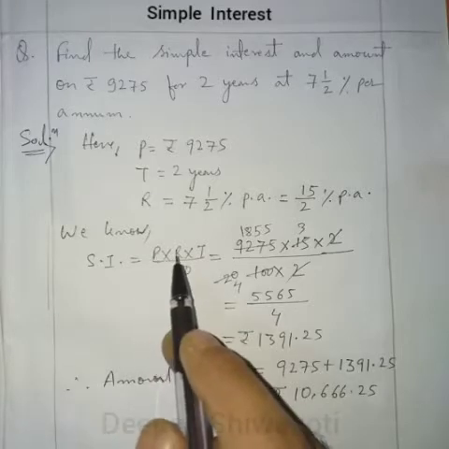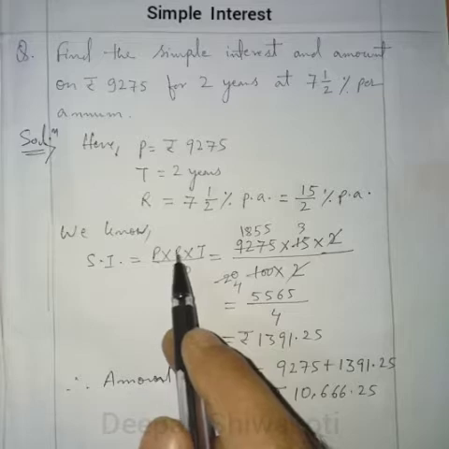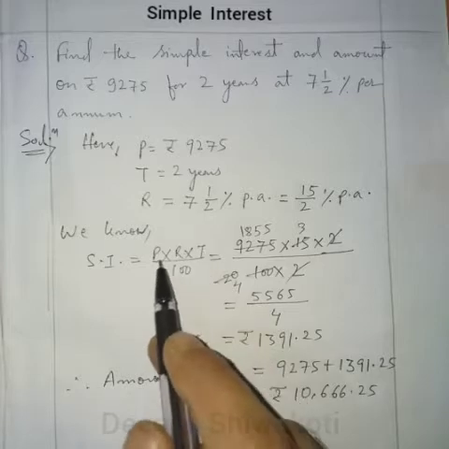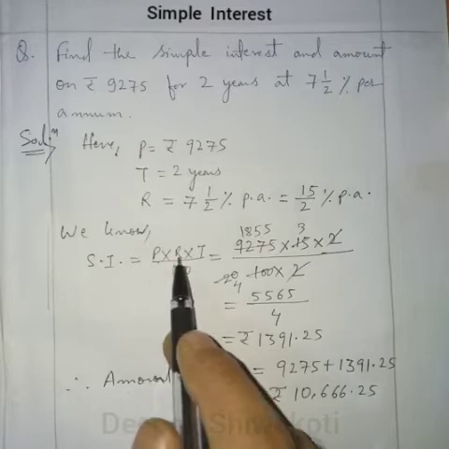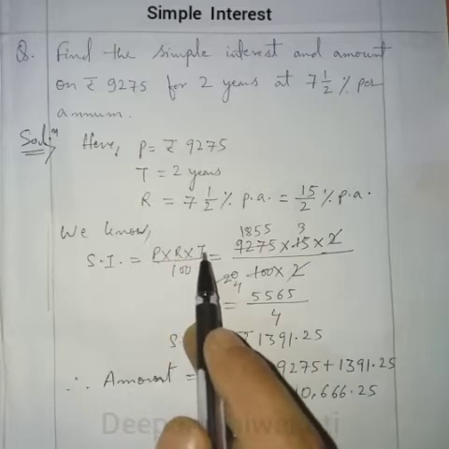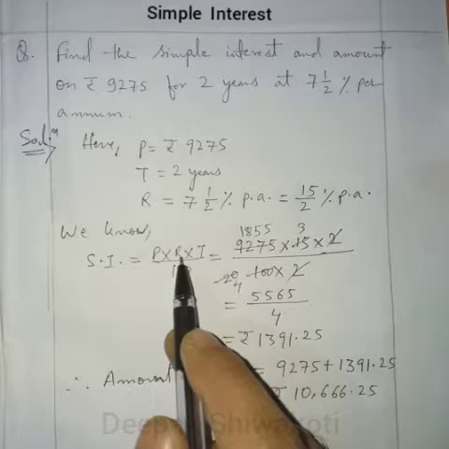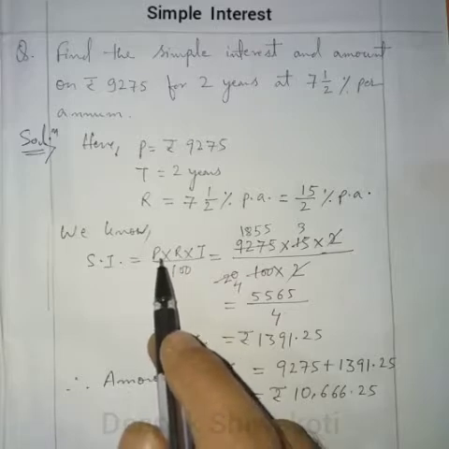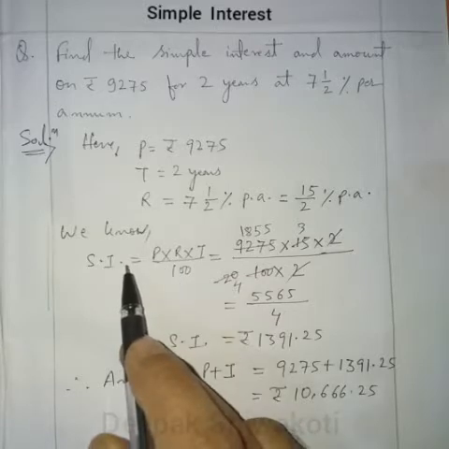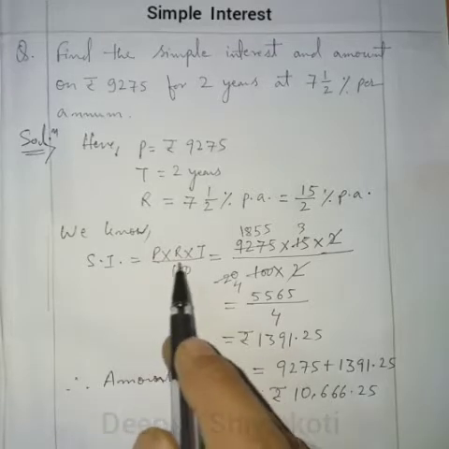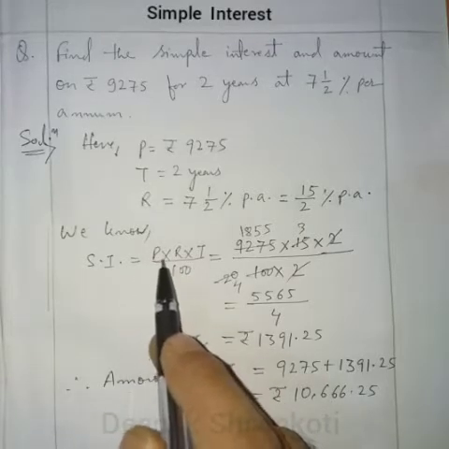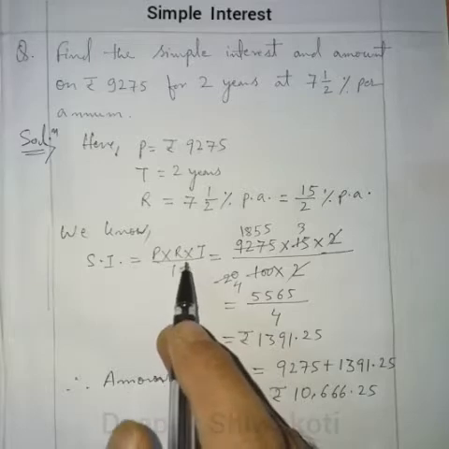Similarly for rate, time, principal and simple interest are given, so modify the formula to get the rate. For time also, rate, principal and simple interest will be given, and time we have to find by modifying this formula. So do practice.